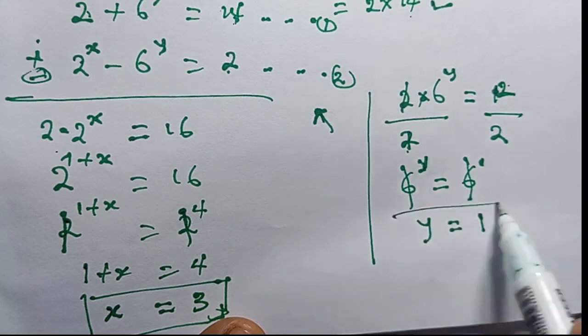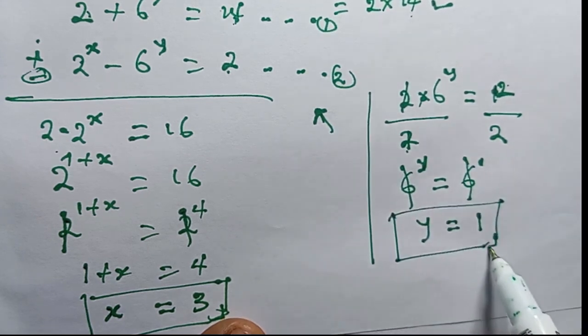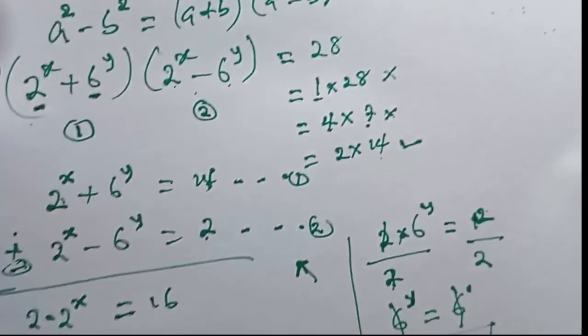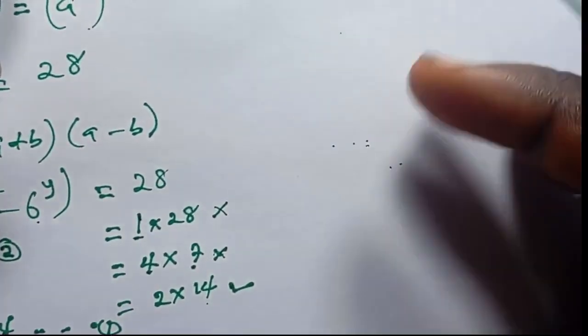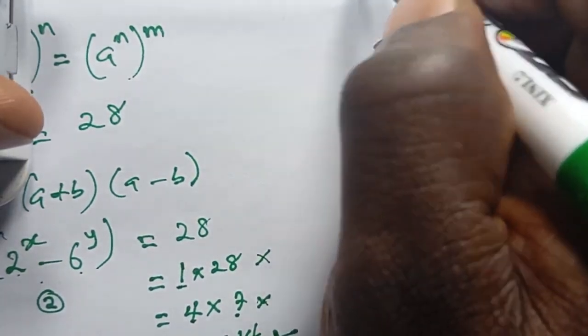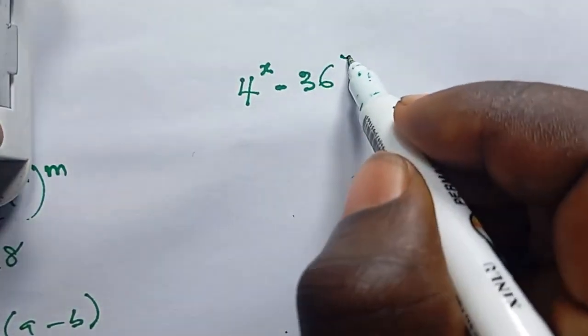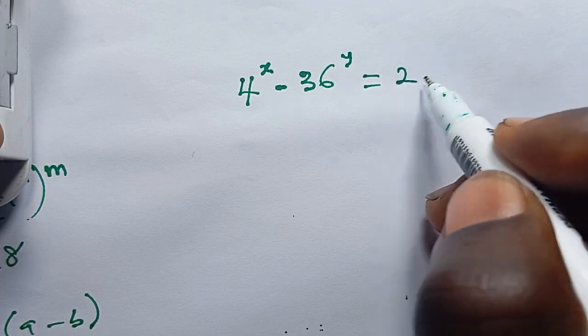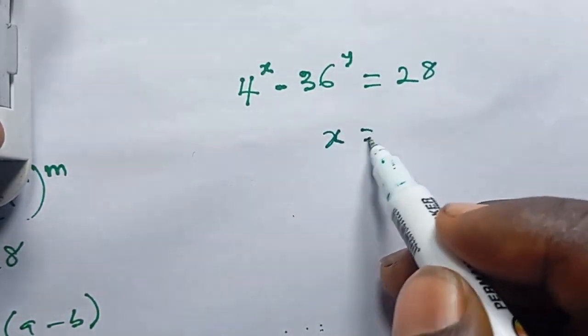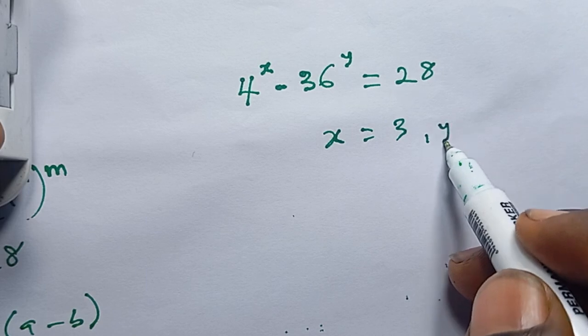Okay, so you can see that we found that y is equal to 1 and x is equal to 3. Then we also want to find out whether this satisfies the problem we are solving. What we just solved is 4 power x minus 36 power y is equal to 28, and we just got that x is equal to 3 and y is equal to 1.